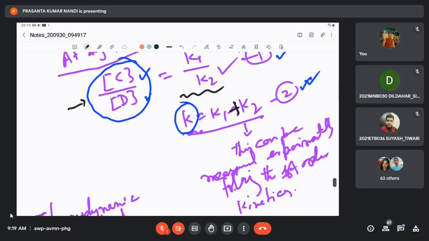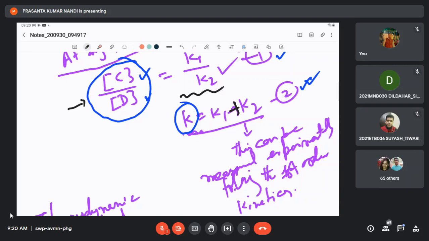As in the first order kinetics, one can easily determine from experiment, if you plot concentration versus time, there are several ways, that if you know at least two different measurements at two times of the concentration of product, then one can find using this data the value of the rate constants, right? So this K overall rate constant can be measured experimentally following the first order kinetics.